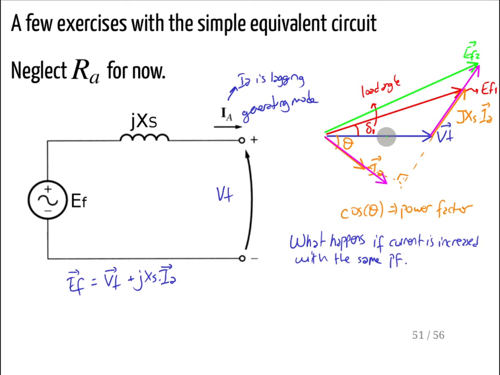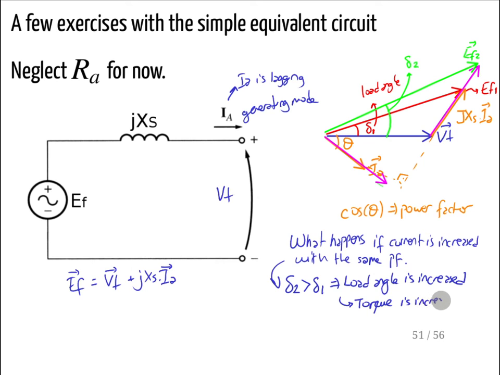That is my load angle 2. My current increased, and due to the current increase, the voltage drop on that element increased. That means the load angle is increased. We will prove these things later: torque is increased. So I am drawing more torque from that system.